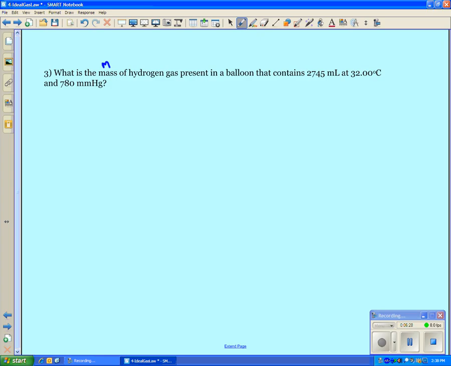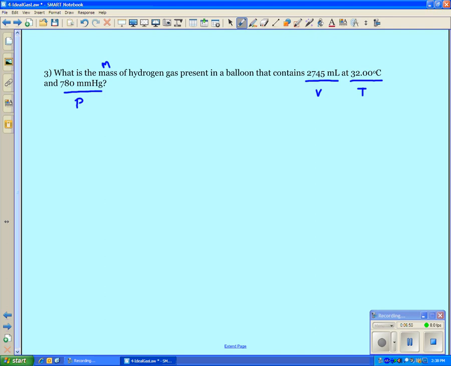So look at what we've got. We have a volume that's in milliliters. We have a temperature that's in degrees Celsius, and we have a pressure that's in millimeters of mercury. All of those are going to need to be converted. So let's look at our volume first. We have milliliters, we need liters.